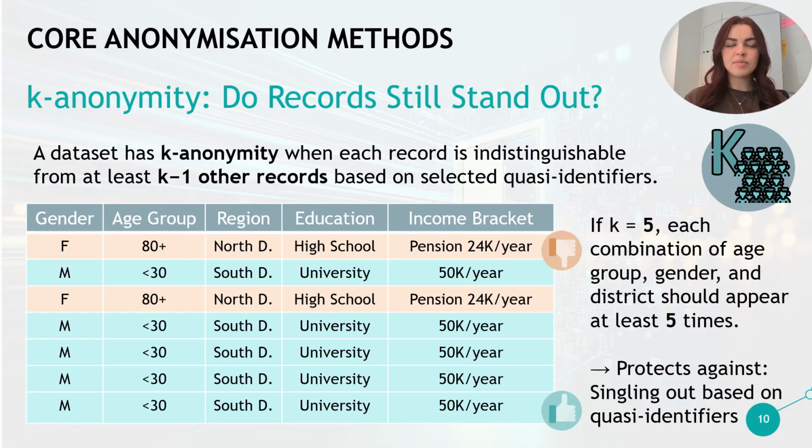But K-anonymity is not a complete solution. It depends on which variables are selected, how they are generalized, and what sensitive attributes remain visible. That limitation leads to the next concept. Even if several people look similar, the sensitive information inside that group may still be revealing.